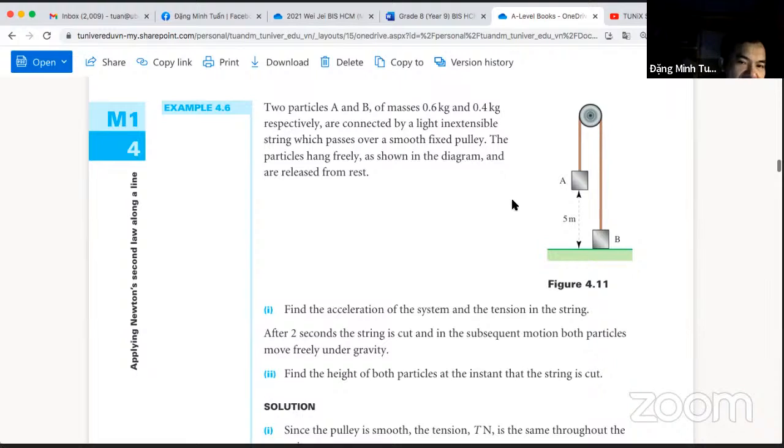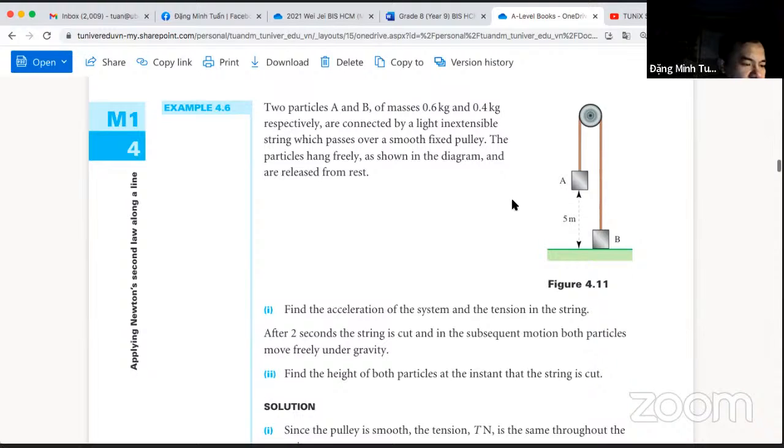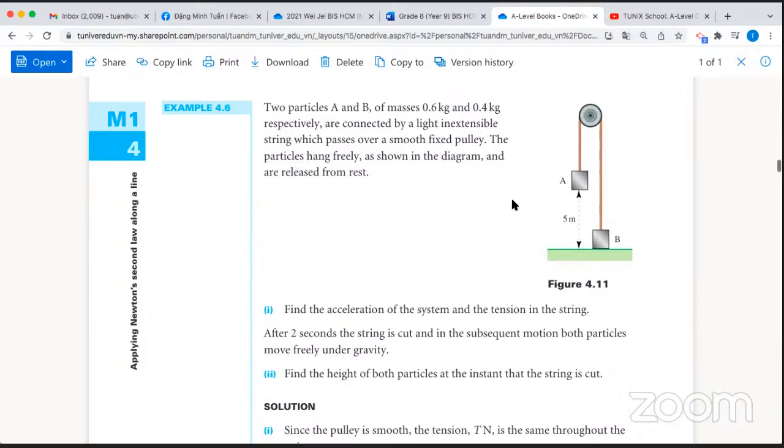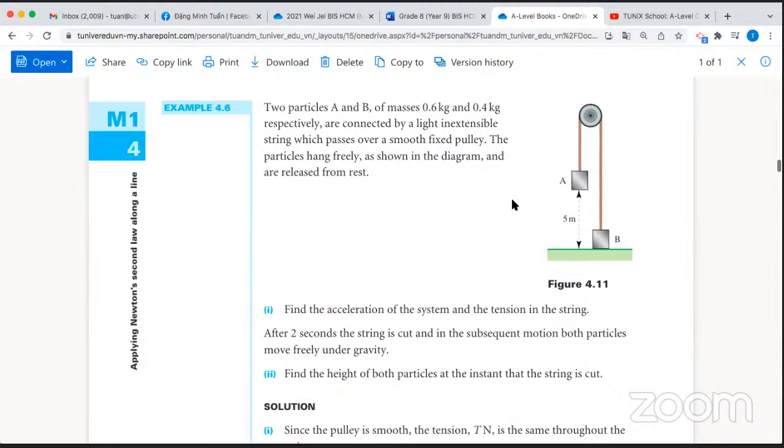So now how do we find out the acceleration of the system? A cancels out B because it's heavier.